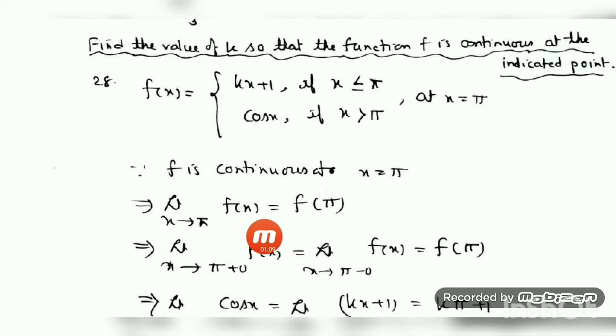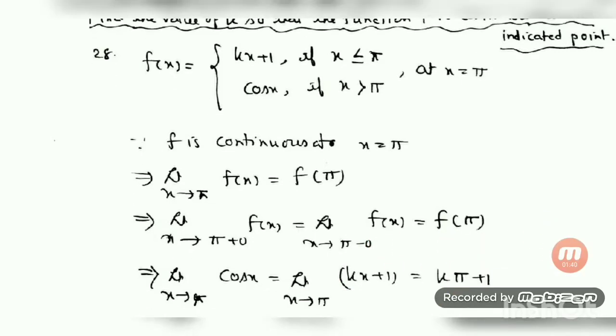The function takes different values for x slightly greater than π and slightly less than π, so you have to separate the right-hand and the left-hand limit. That's why I have written this line: limit x tends to π+0 of f(x) equals limit x tends to π−0 of f(x) equals f(π).